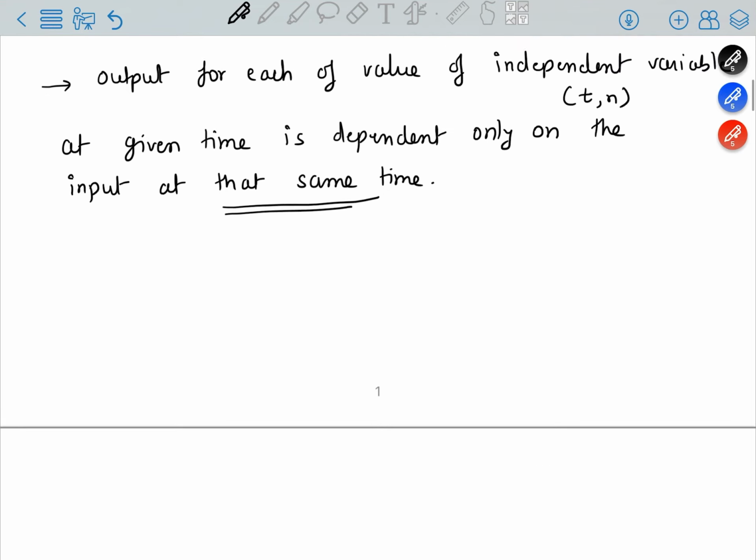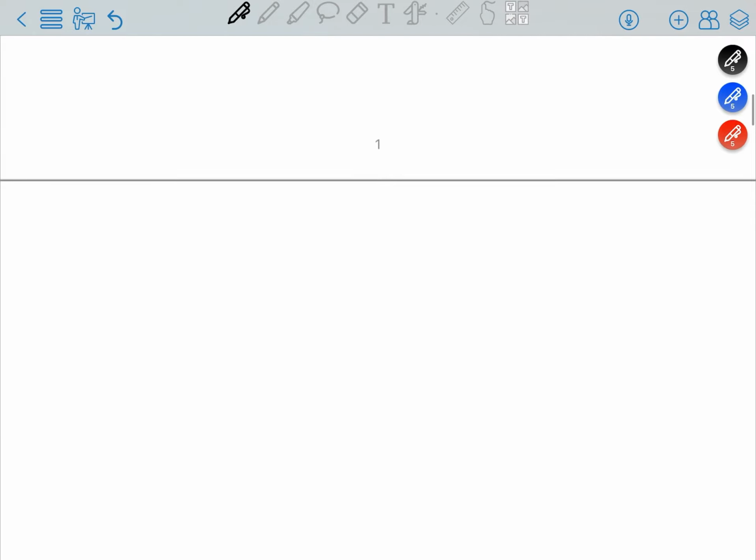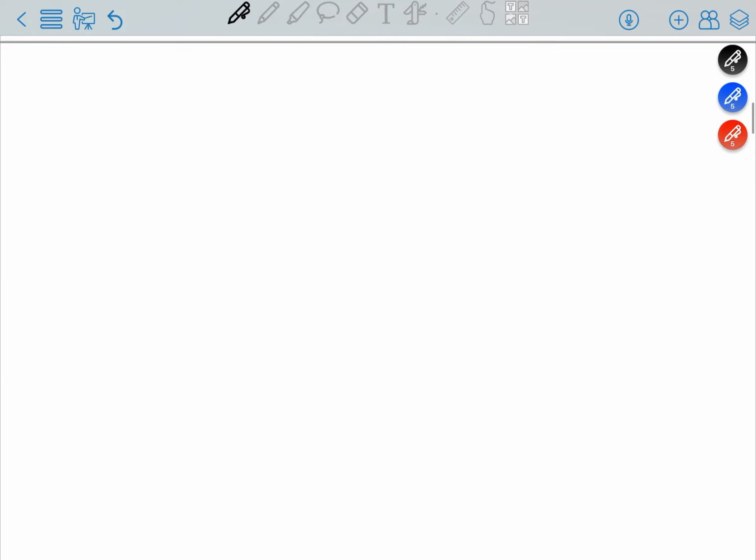Suppose I take a system in which the relationship between input and output is described by y[n] = 2x[n] - x²[n] whole squared. As you can see, it's a relationship model for a discrete time system.